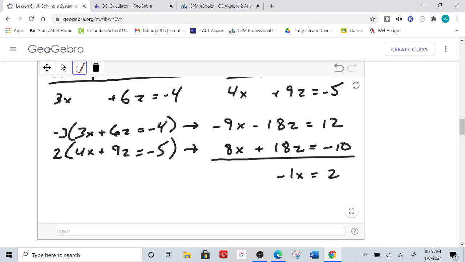Check over, just make sure I multiplied everything right. Giving us an x value of -2.